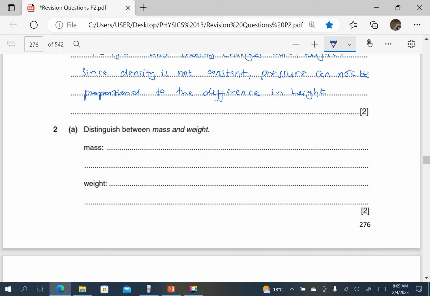Distinguish between mass and weight. We know that mass is a property of the body resisting changes in motion, or mass is a quantity of matter in a body. Mass is a measure of inertia to changes in motion. That is mass.